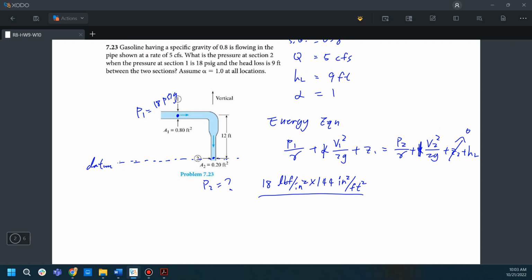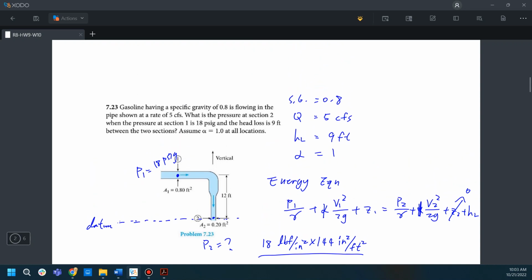And we know that the gamma for water is equal to 62.4 pound-force per cubic feet, and we have the gasoline's specific gravity equal to 0.8.